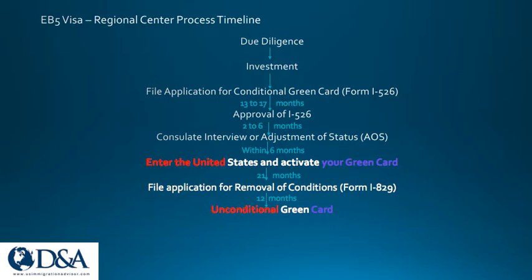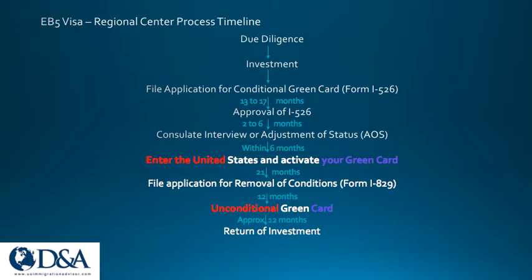At this time, the alien investor needs to prove that the entire funds have been exhausted and the funds have resulted in creation of at least 10 jobs. The processing time for this application is 12 months, after which an unconditional green card is received.